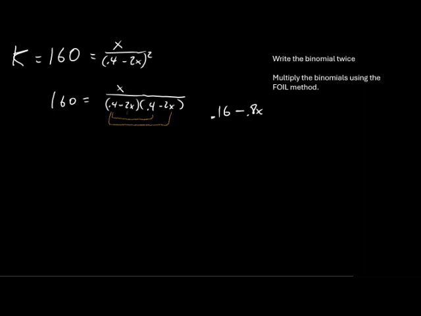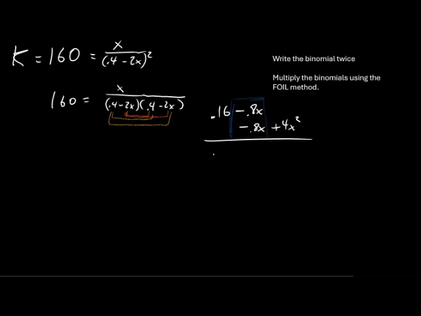After that, we'll take the negative 2x, the second term in the first parentheses, times the 0.4, which will give us another negative 0.8x. Then we will take the negative 2x times another negative 2x. Negative 2x times negative 2x will give us positive 4x squared. We'll combine any terms we can combine, and that would include these negative 0.8x's.